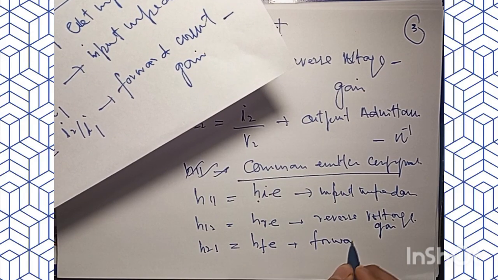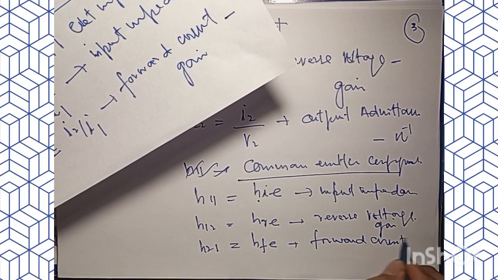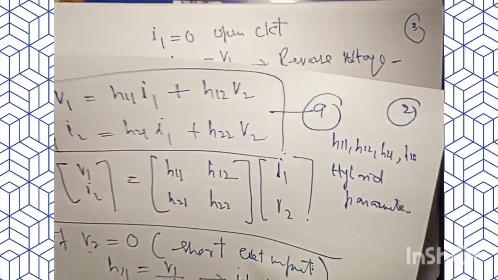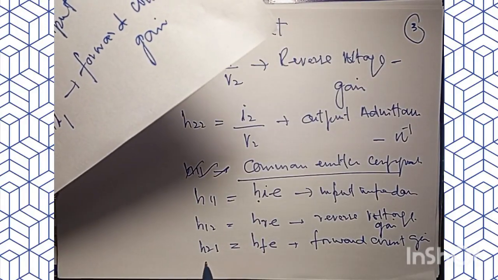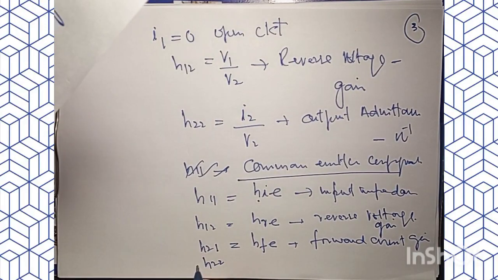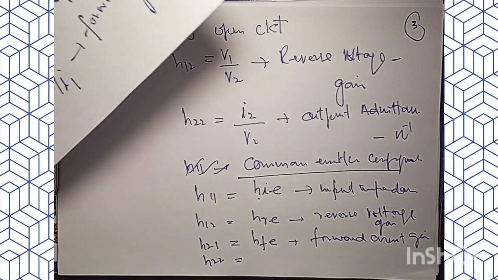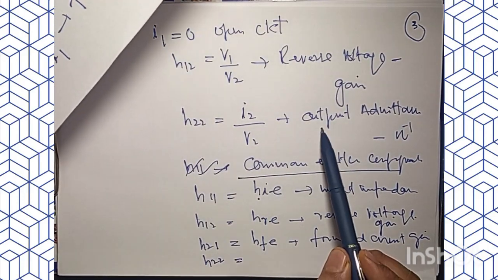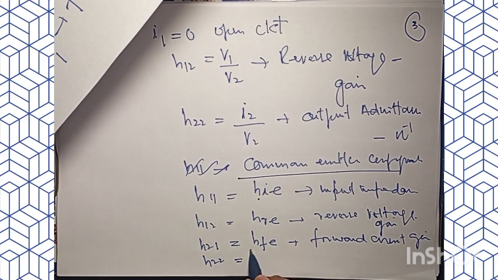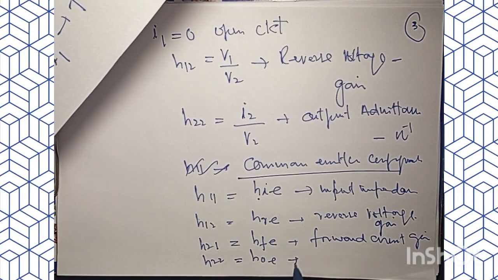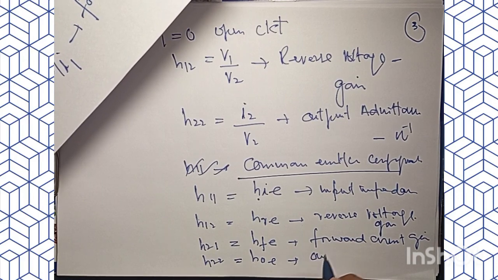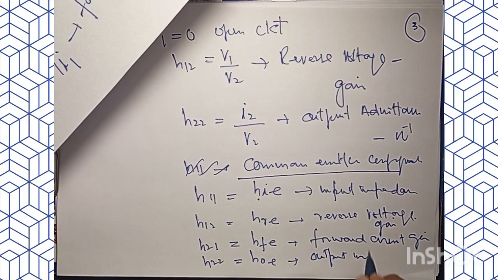So this is forward current gain. And finally, we have H22. How is it defined? It is output. So it is HOE, and this is output admittance.